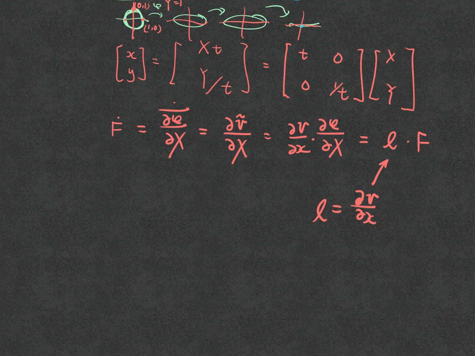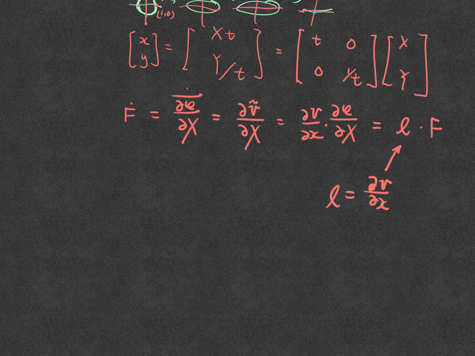Actually, no. If you write it as a velocity gradient, you will have some problems. L is called the velocity gradient, which is literally the spatial gradient of the velocity. I will put a small x there to distinguish it from the capital X.